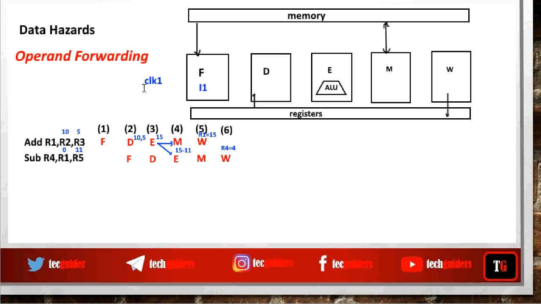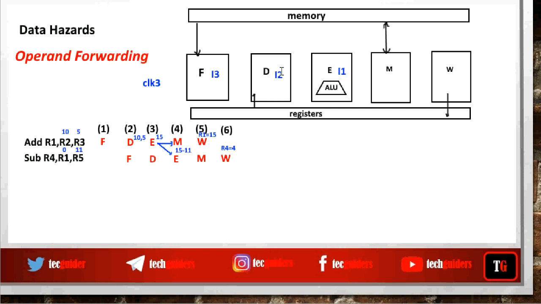In clock cycle 1 we fetch our first instruction I1. In clock 2 I1 moves to the decode stage and I2, the sub instruction, is fetched. And in clock 3, I1 moves to the execution stage, I2 is being decoded, and some other instruction which is not dependent on all this can be fetched.